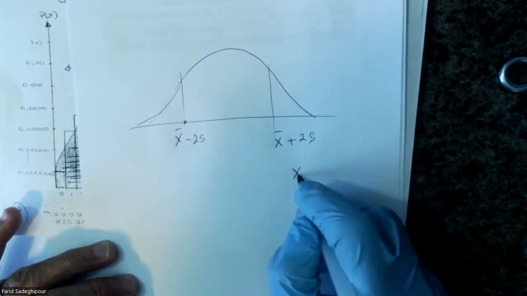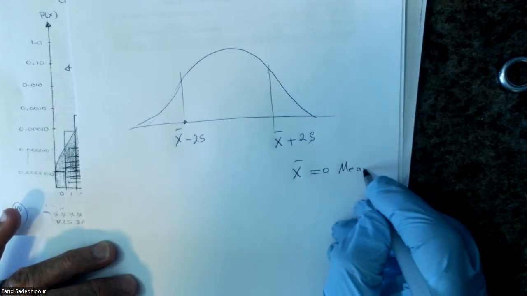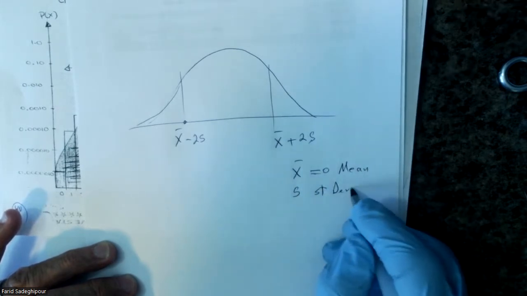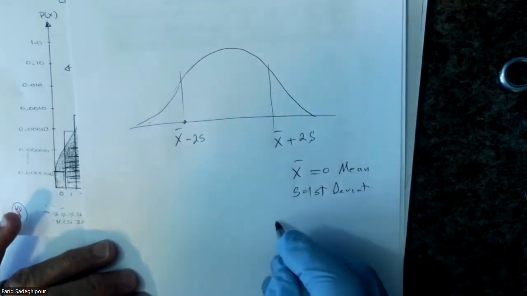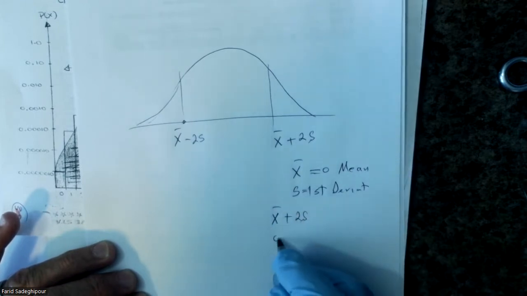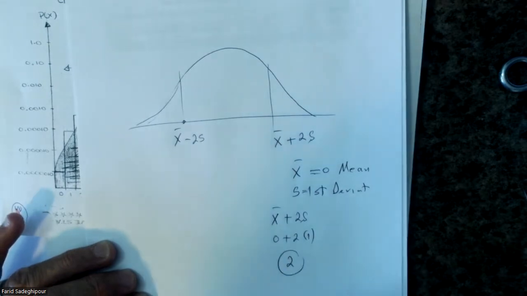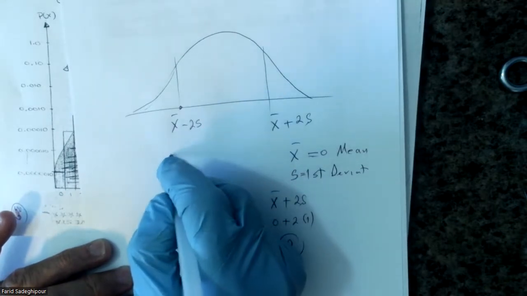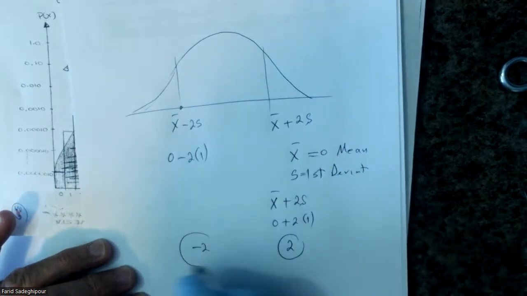If you assume that the mean is 0 and the standard deviation is 1, then mean plus 2s is 0 plus 2 times 1, or 2, and mean minus 2s is 0 minus 2 times 1, or negative 2.